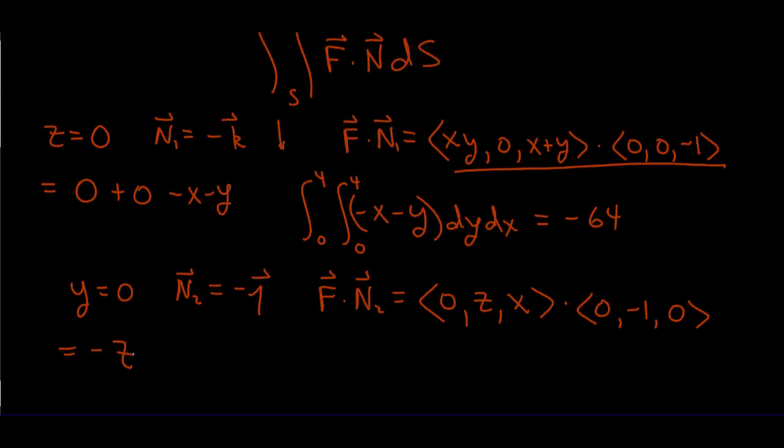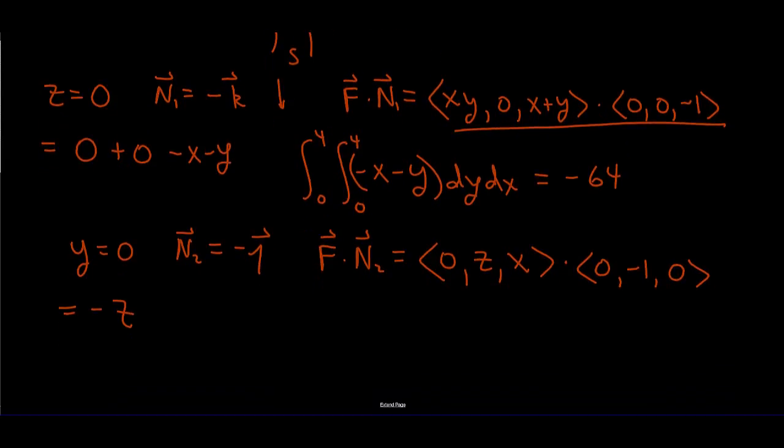Okay? We get negative z, and now we have to integrate. So here we go. I've just got a negative z in here, and now I have to choose my bounds. In choosing these bounds, we're just considering this surface over here where y is 0.